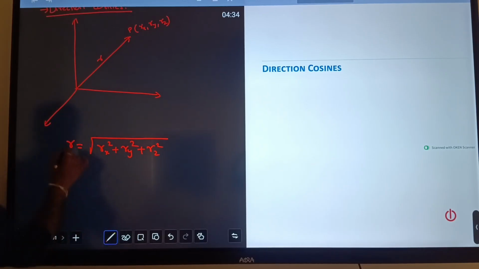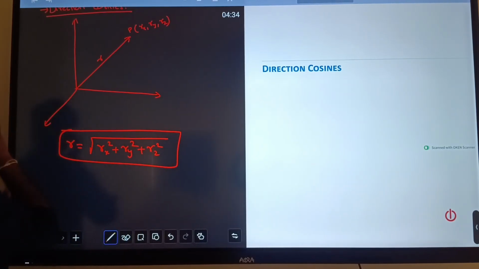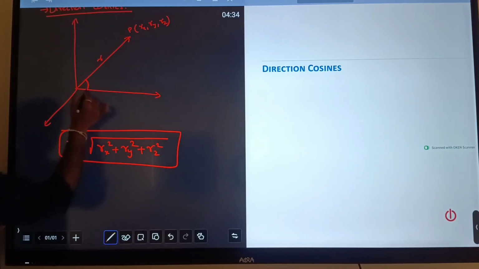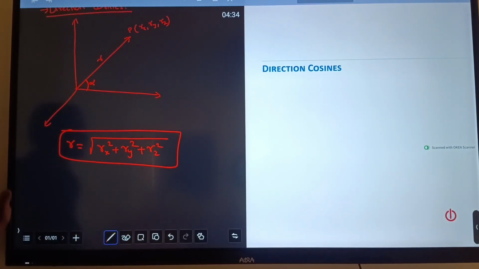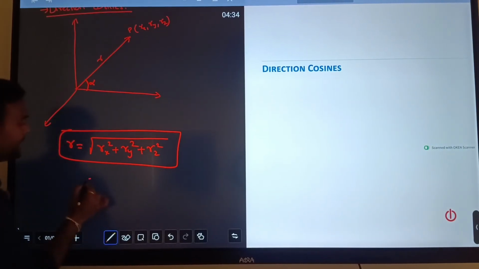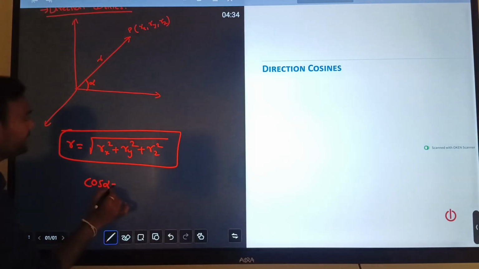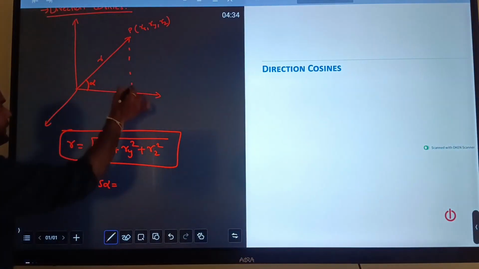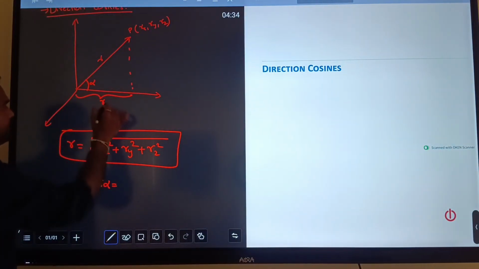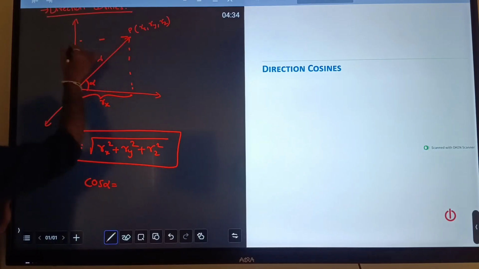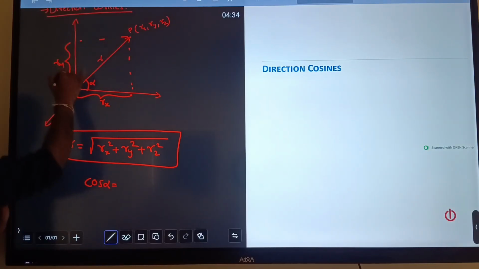Clear? Now next point: if it is making an angle alpha here, then cos alpha is equal to, we know this is Rx, we know this is Ry, and this is Rz.